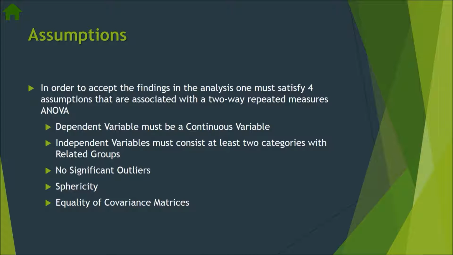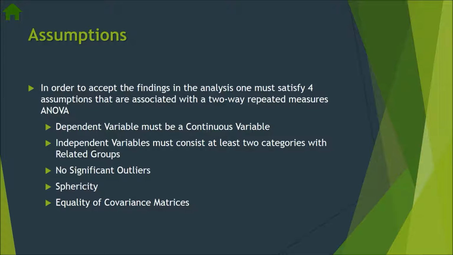Like any other statistical test, we must make sure that all the assumptions associated with the analysis of interest are satisfied before we can perform the analysis. With a mixed model ANOVA, we have four assumptions that need to be satisfied. The dependent variable must be a continuous variable.